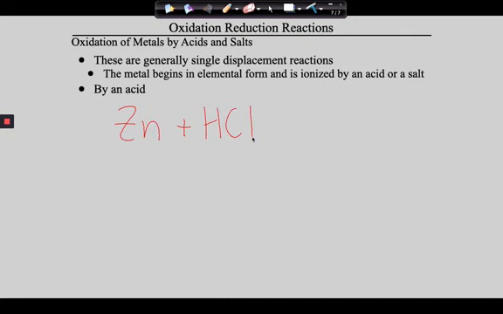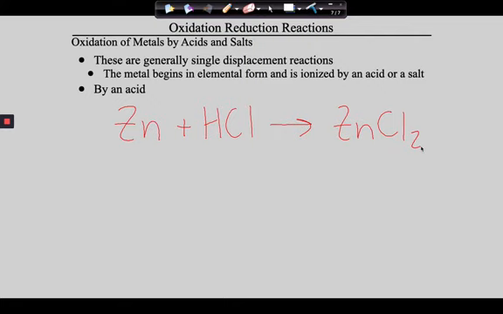So let's tear this thing apart. What are our products? Does the zinc hook up with the hydrogen or the chloride? Chloride. Zinc is a metal, it's positive. Chloride is negative. And zinc is actually +2, so it forms ZnCl2.